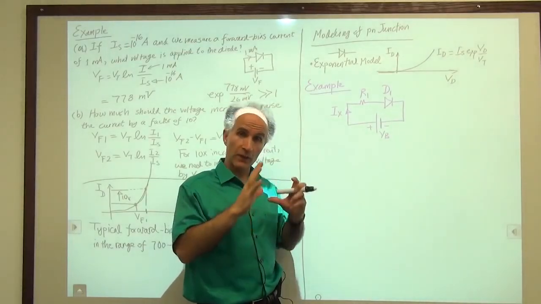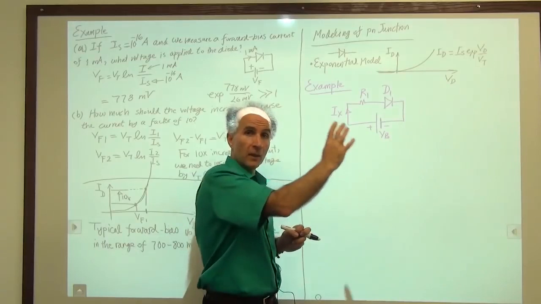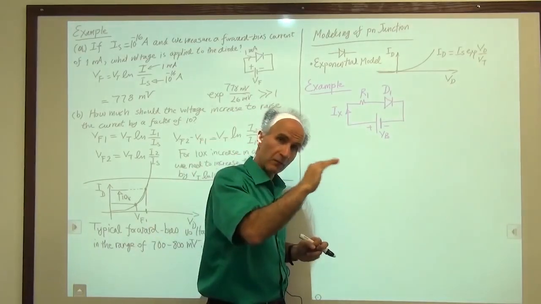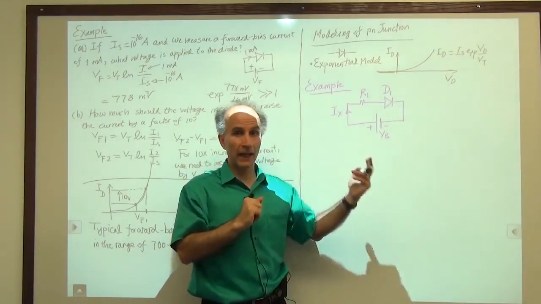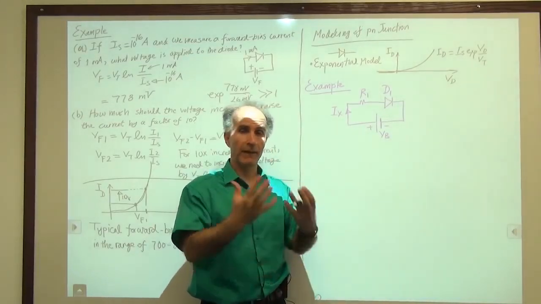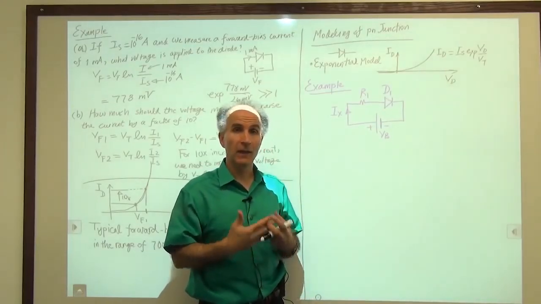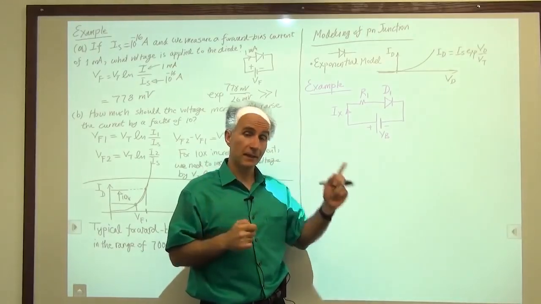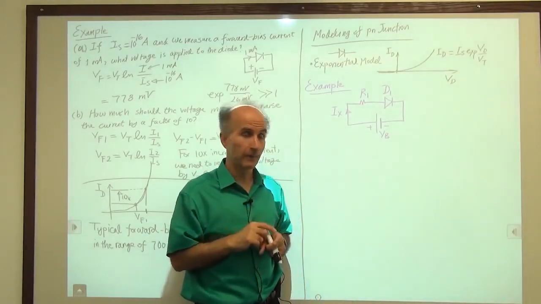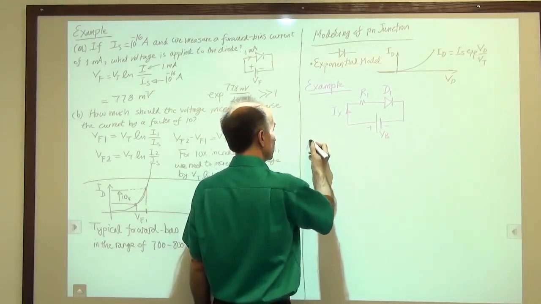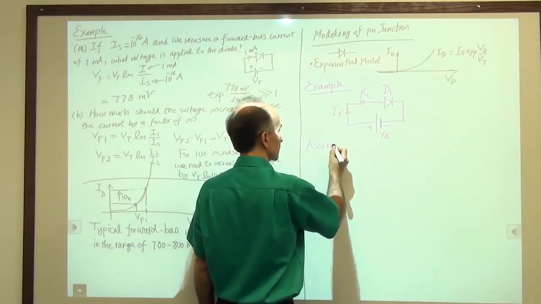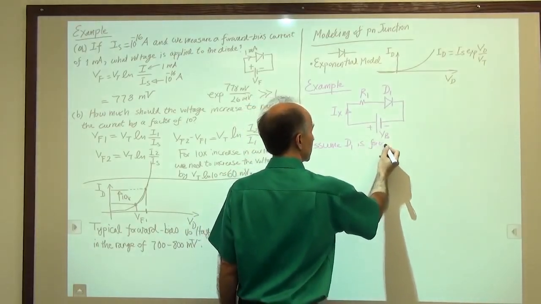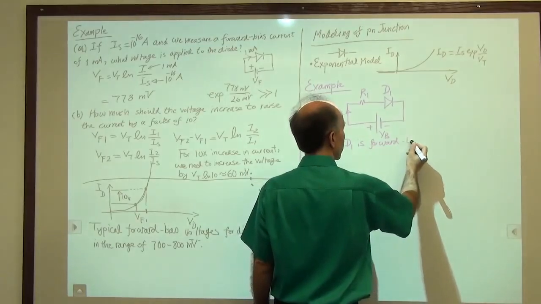We assume, and we write our assumption somewhere to make sure that we don't forget about it. And then we go through the calculations based on that assumption. At the end, when we have solved the circuit and found the results, we check to see if our assumption was correct. If it was, great. If not, it means that assumption was wrong. We have to make a different assumption. So we'll start by saying: assume D1 is forward biased.